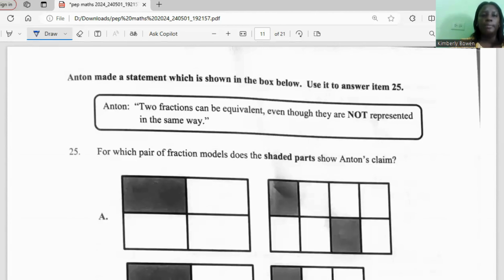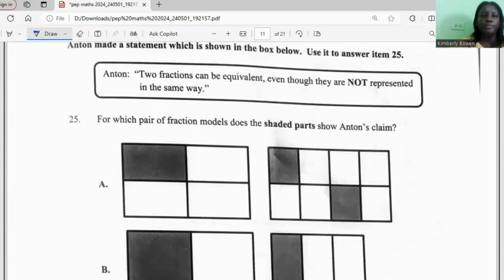Anton made a statement which is shown in the box below. Use it to answer item 25. Two fractions can be equivalent even though they're not represented in the same way. For which pair of fraction models does the shaded part show Anton's claim?